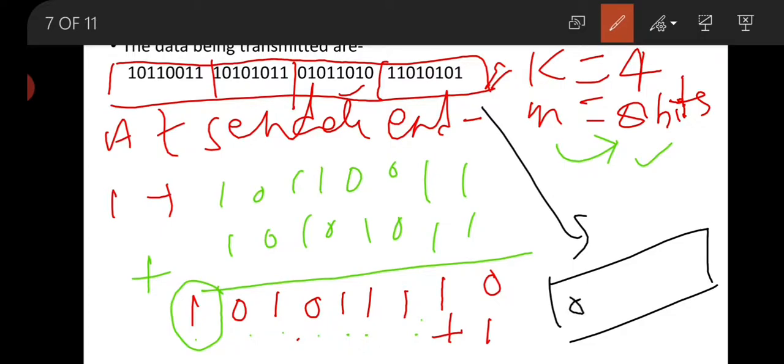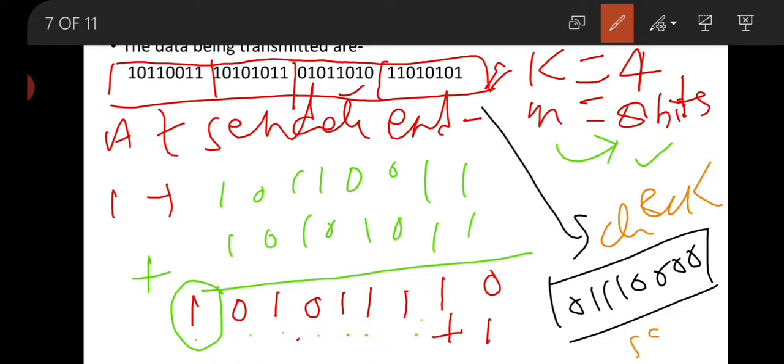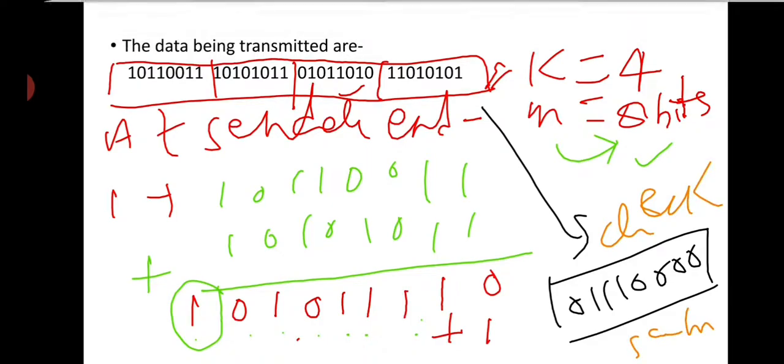Checksum is 0, triple 1, and 4 times 0. Now these 4 segments and one checksum are going to be sent on the network. Now the process at the sender end is completed.